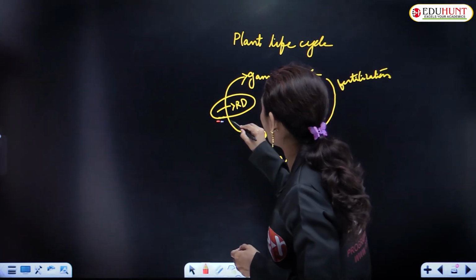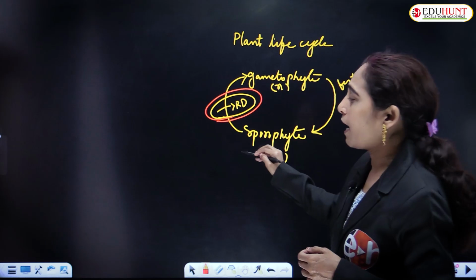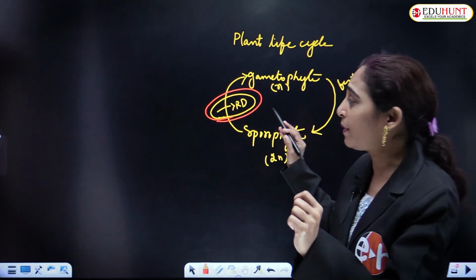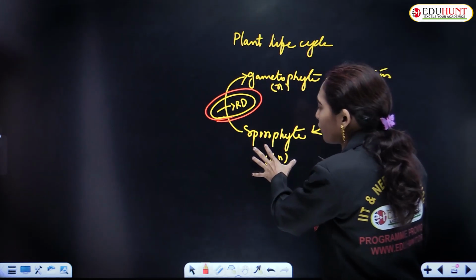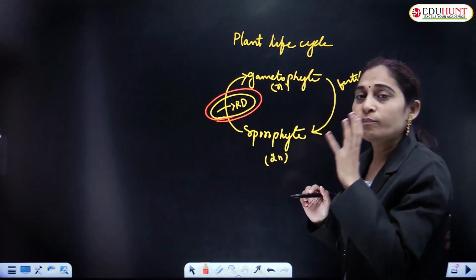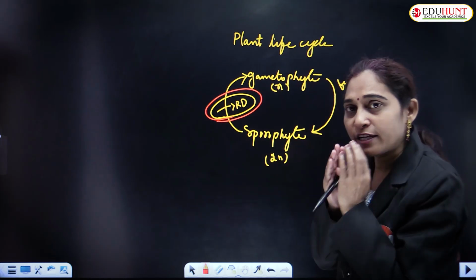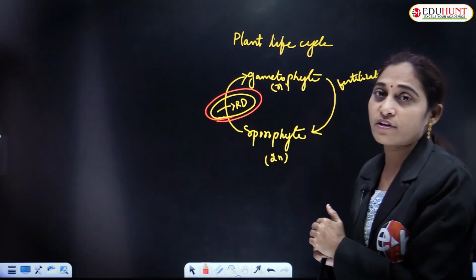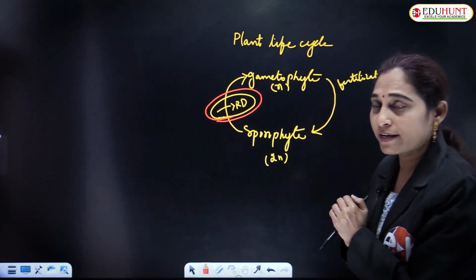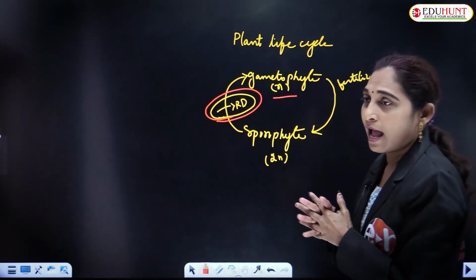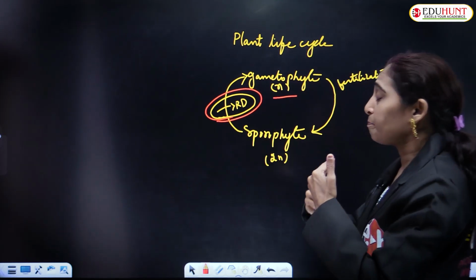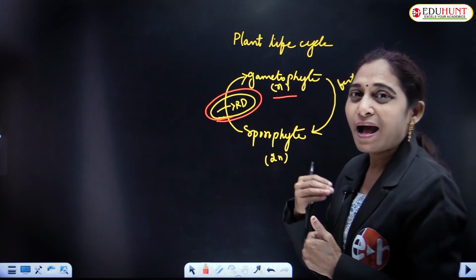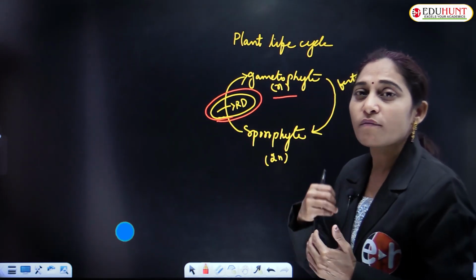So ultimately the gametophyte which results from the sporophyte will be a diploid one. Sporophyte without reduction division, without reducing the number of chromosomes to half, reaches the next phase, that is gametophyte. Usually the gametophytes are haploid in nature, as they are the resultants of meiosis.